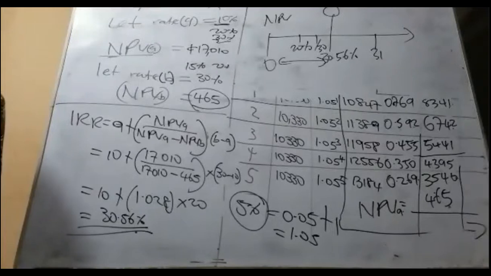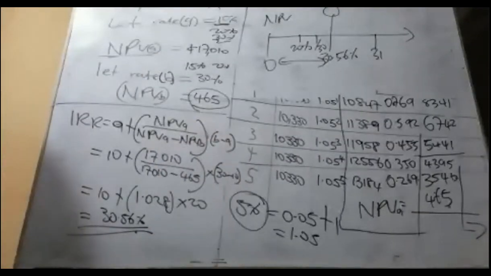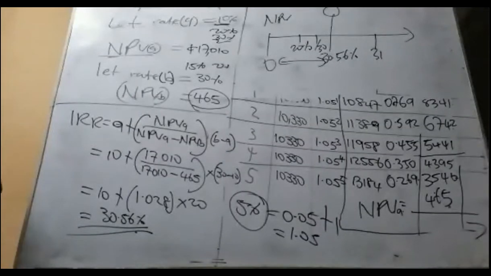That is it. Why? Because the internal rate of return is the highest rate that any organization will accept. So if their cost of capital is more than the internal rate of return, then they should reject the project.